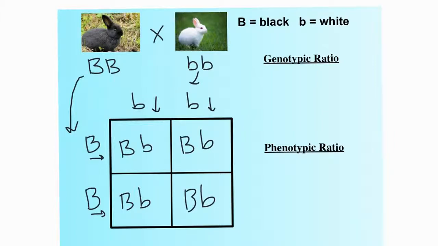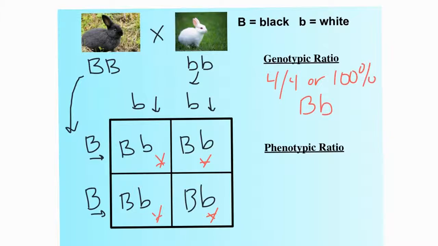Now, genotypic ratio just means how many out of 4 are going to have each genotype. And if you look, all 4 have the same exact genotype. So the answer to that would be 4 out of 4, or 100% of these baby rabbits are going to have the genotype of big B, little b.